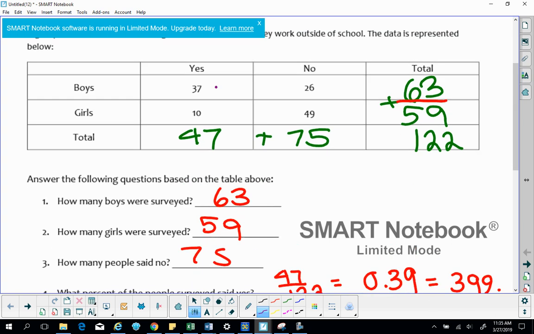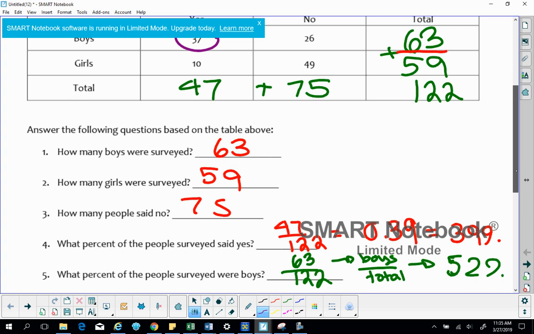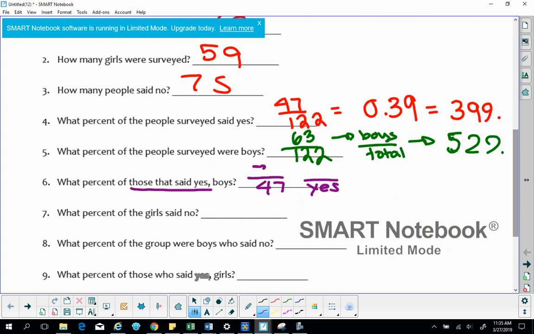Good, 37 boys said yes. So I would put in my calculator 37 divided by 47. And so this is for the boys that said yes. What do you end up getting? 78%. Remember, you just do 37 divided by 47, and then you multiply it by 100. It actually will round to 79%.